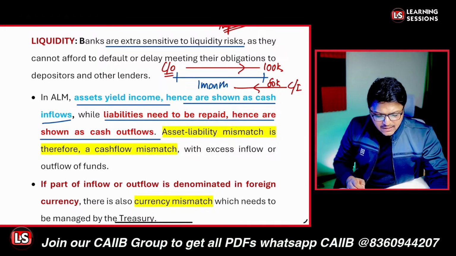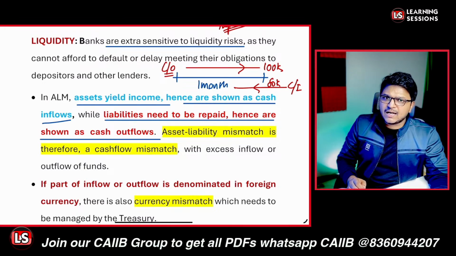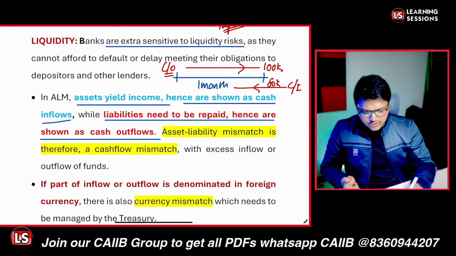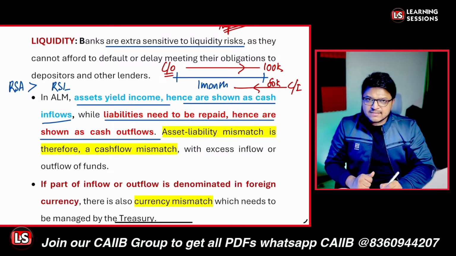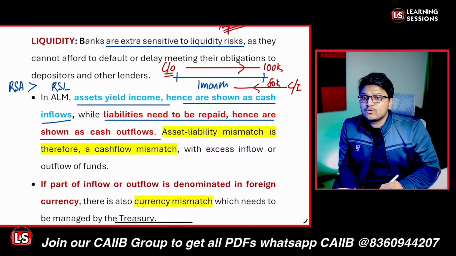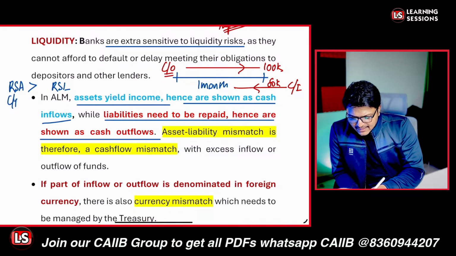So if the maturing assets are more than the maturing liabilities, meaning the risk sensitive assets, RSA, are more than the risk sensitive liabilities, RSL, that is, the cash inflow is greater than the cash outflow, then that's a positive gap.